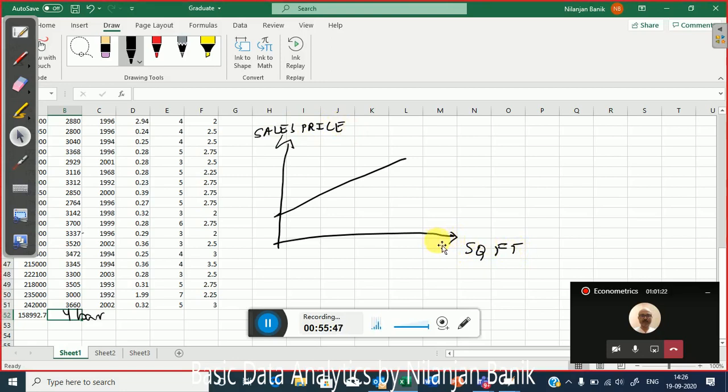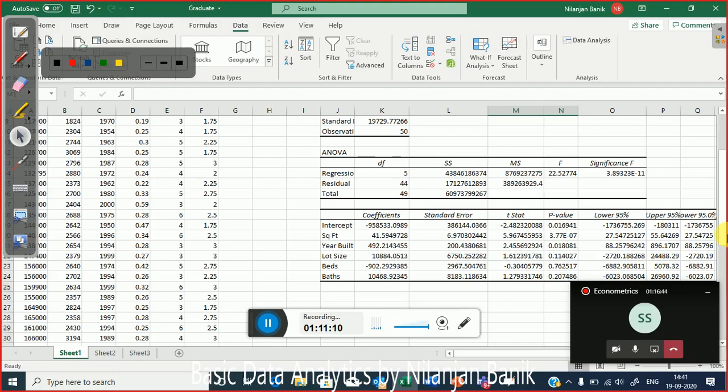In five dimensions, you can think of ping pong balls floating in the room, where each ping pong ball is reflecting some amount of information. So when I'm writing that sales price, which is my y, equal to alpha plus beta square feet.